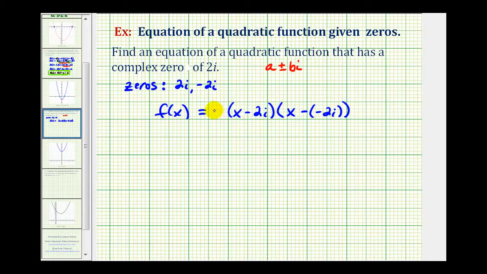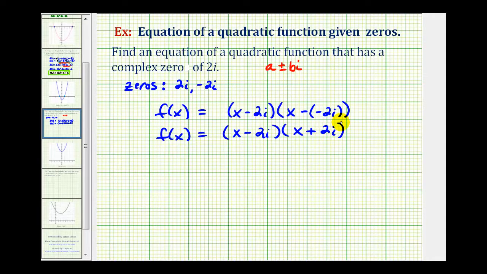Now we could include a constant factor here, but there's no need to in this example. Let's go ahead and simplify this second factor, and then we can multiply this out. So we'll have f of x equals the quantity x minus 2i times a factor of x plus 2i.